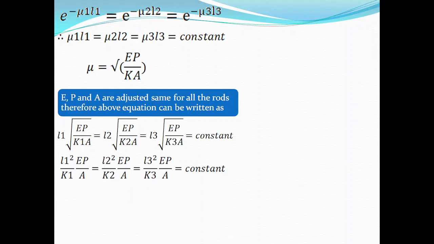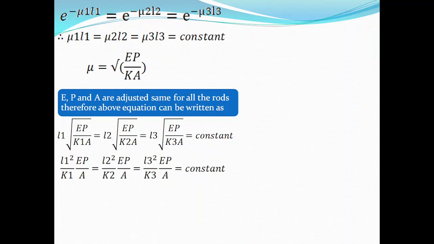If we square this equation, then what do we get? L1 square, and the square roots of these quantities go off. So we have L1 square EP upon K1A equal to L2 square EP upon K2A, equal to L3 square EP upon K3A, equal to constant.